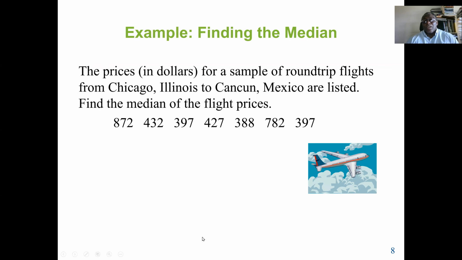So let's see an example here. This time we have the flights again from Chicago to Cancun, and we still have 7 prices. If I want to find the mean, we saw how: I add all the values, then divide by 7. But if I want to find the median, I put these values in increasing order, or we use the term ascending order.